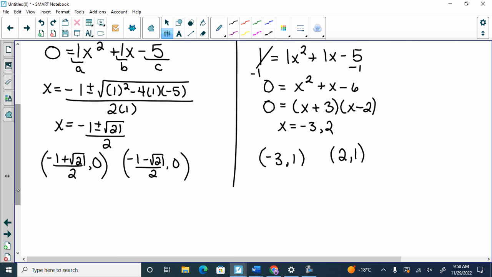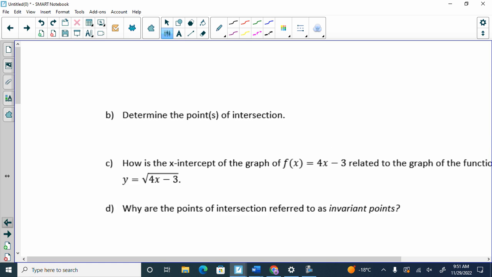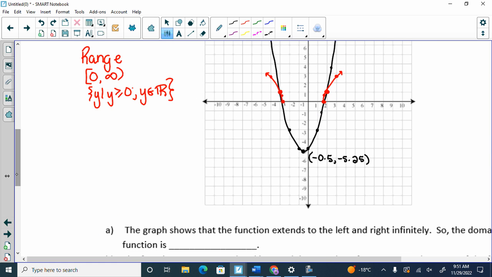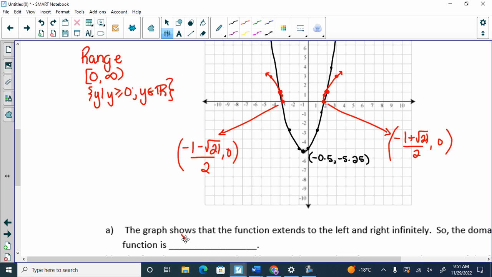Let me write down my little numbers. -1. Can we use rounded decimals? No. This one here is -1 minus root 21 over 2. This one here, oh, and 0, sorry. We agree? So my graph is less than that beautiful rational number and then greater than it.